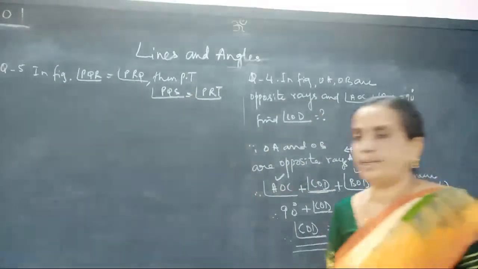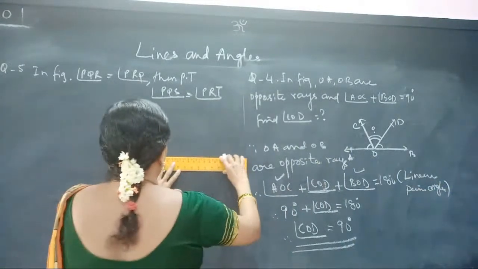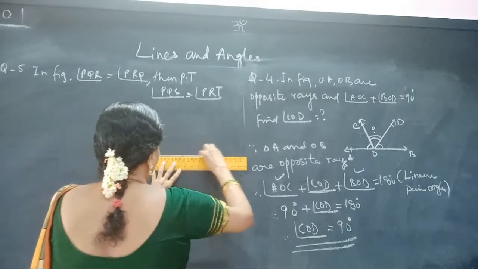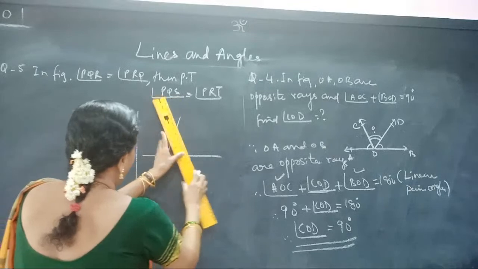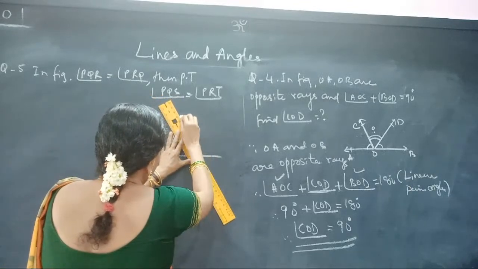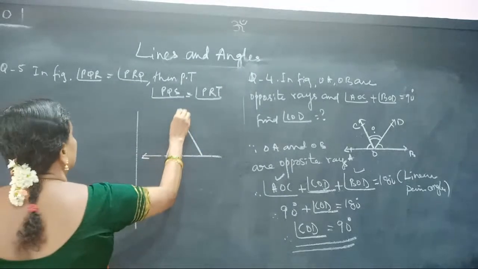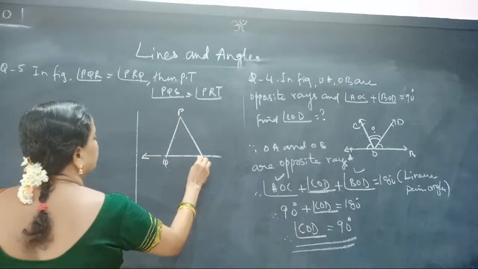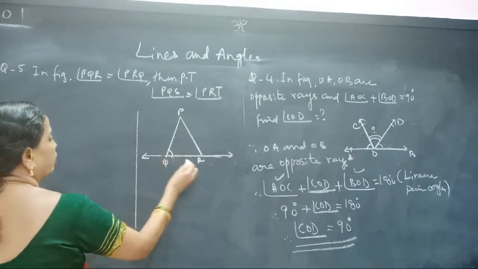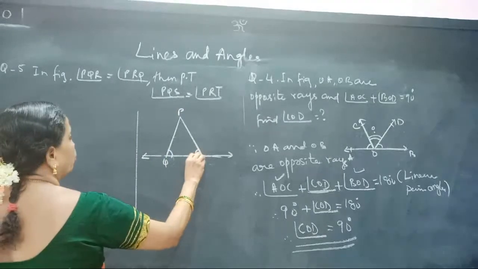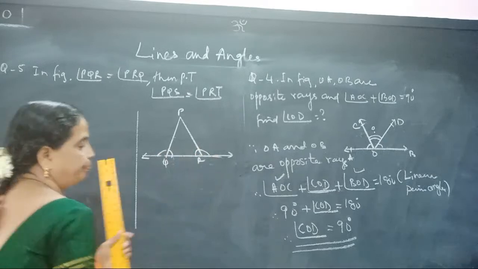Draw the figure on the right side of your page as a column here. Obtain the figure. PQR equals PRQ. You have to prove that these two angles are equal.